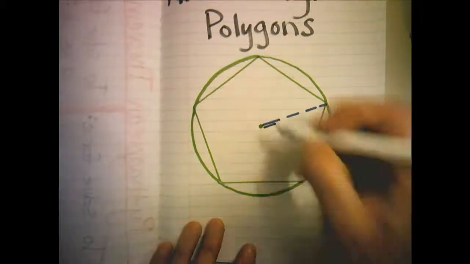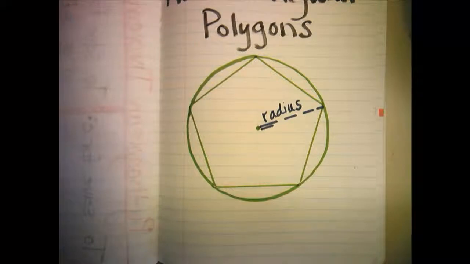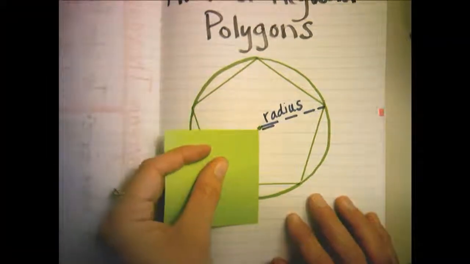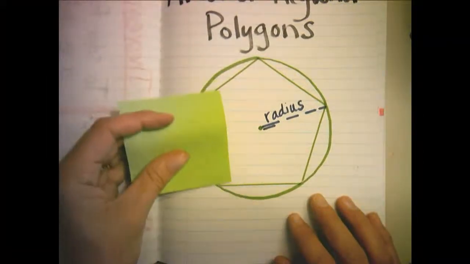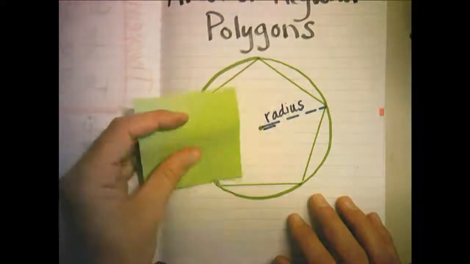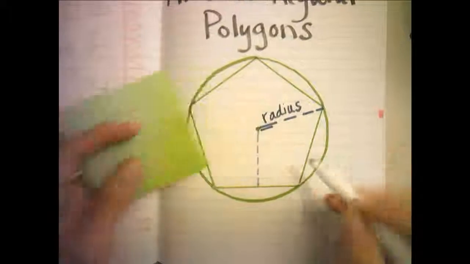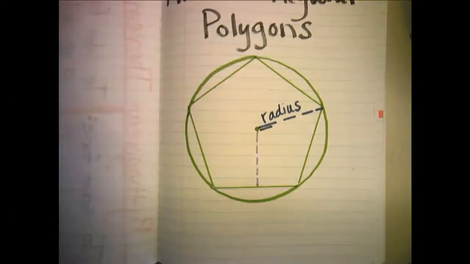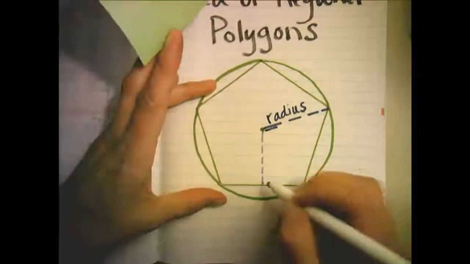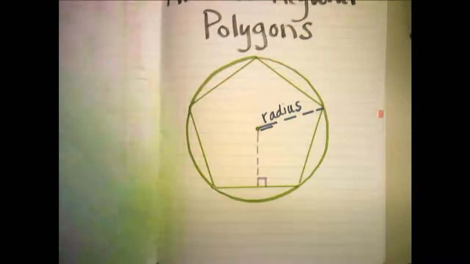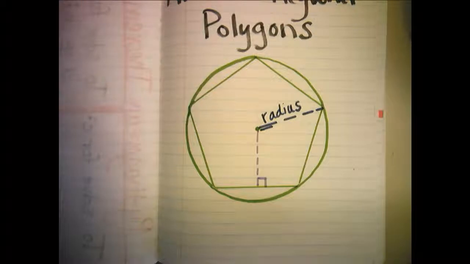Good job. Now we're going to draw a line that starts at the center and is perpendicular to a side opposite it. You can go from the center to any side. It doesn't have to be on the bottom. And I'm going to draw my symbol showing that that's a 90-degree angle.